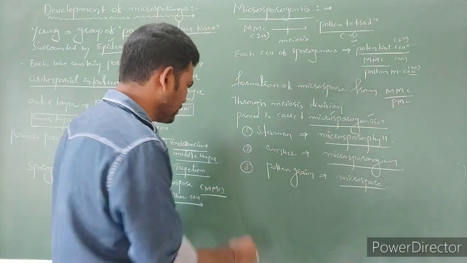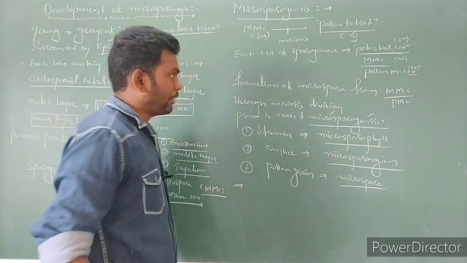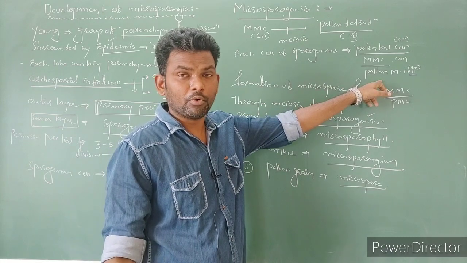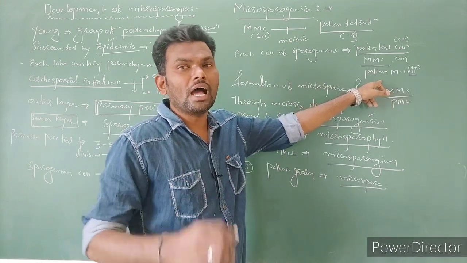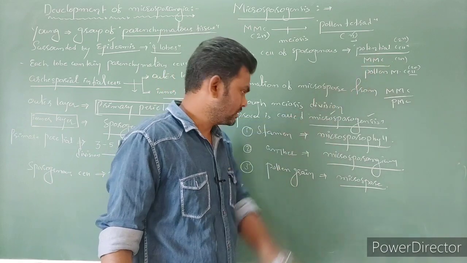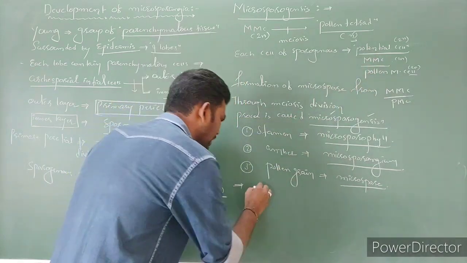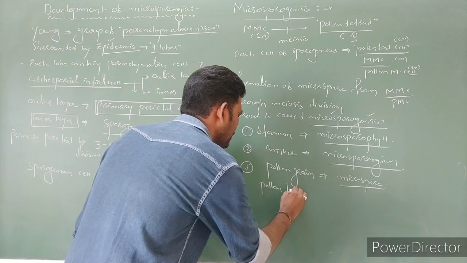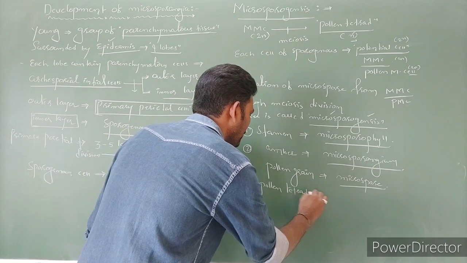Next, microspores are formed. Where are the microspores formed? Microspore is nothing but pollen grain. Pollen grain is formed within the anther. At the beginning, after the meiotic division, a pollen tetrad is formed.